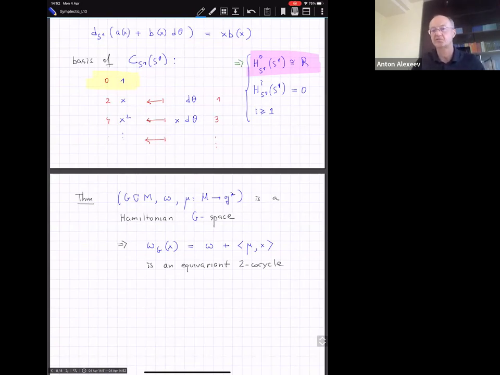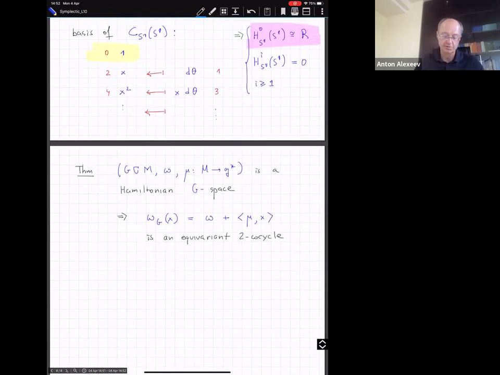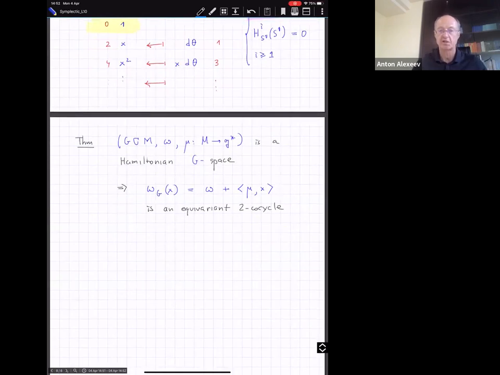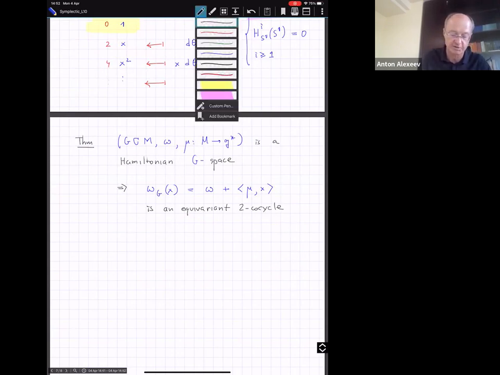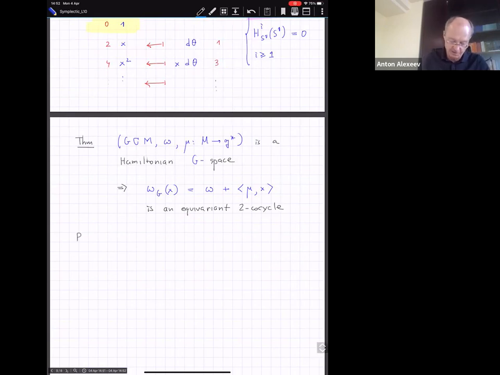So once you have a structure of Hamiltonian G space, it gives you canonically for free an equivariant two-cocycle in equivariant cohomology of your space. And this is essentially why there is a link between Hamiltonian geometry and equivariant cohomology. Of course, we'll very much explore what we make out of it, but that's the core of it.